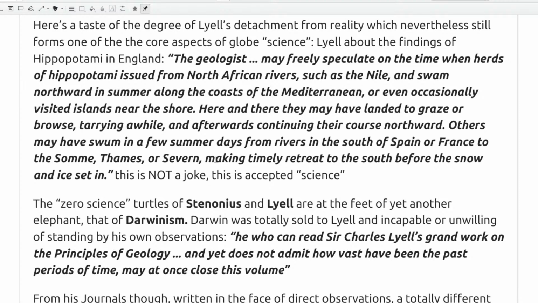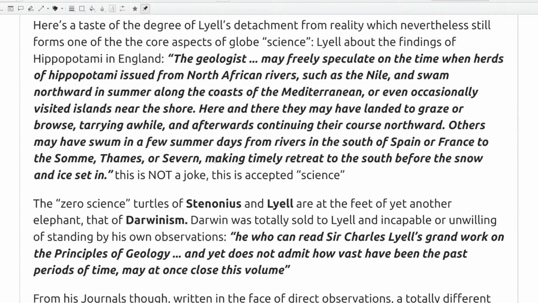"The geologist may freely speculate on the time when hippopotami issued from North African rivers such as the Nile and swam northward in summer along the coast of the Mediterranean, or even occasionally visited islands near the shore. Here and there they may have landed to graze or browse, tarrying a while and afterwards continuing their course northward.